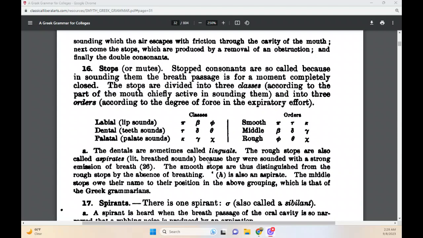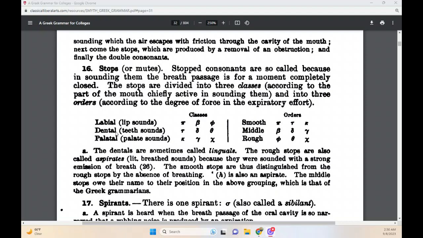So what I explained before about the relationships between these consonants is now set into a visual diagram, which will be helpful. First of all, we read that the stops are divided into 3 classes based on where they're produced in the mouth. You can see the first group are labials. These are lip sounds. So P, beta, and phi are produced at the lips.